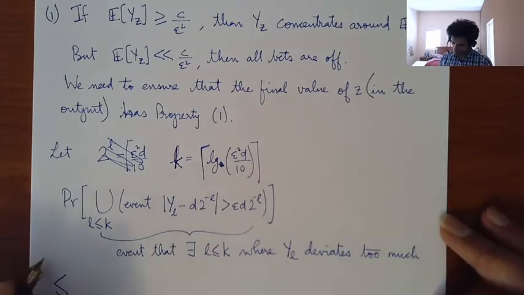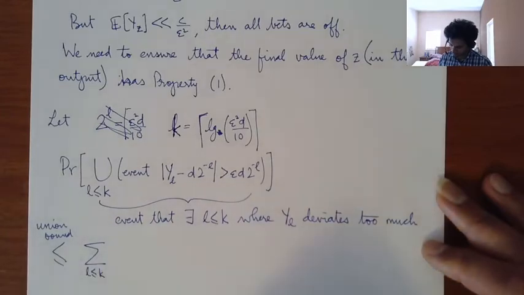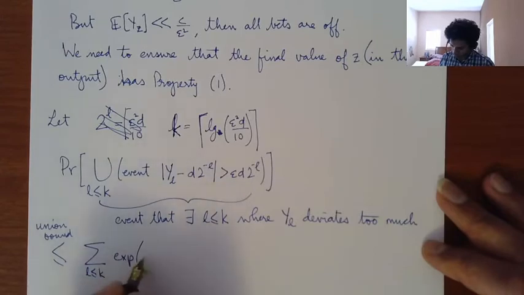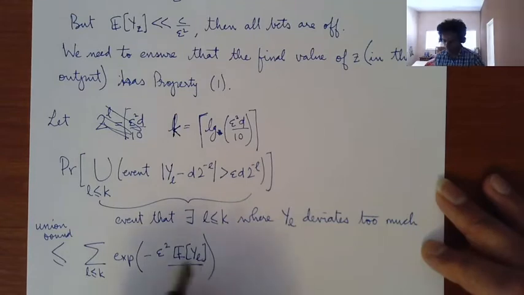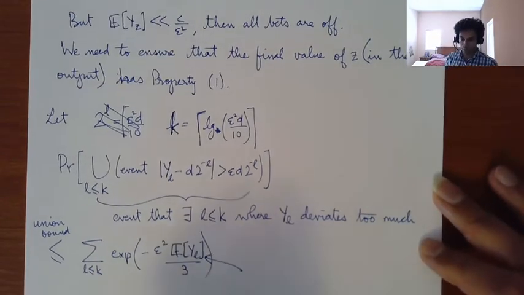Now I just use union bound here. So I replace the union with a sum. I'll say the sum over L being at most k, and just using my Chernoff bound calculation, it's e to the minus epsilon square times the expectation of YL divided by 3. Now, what is the expectation of YL?